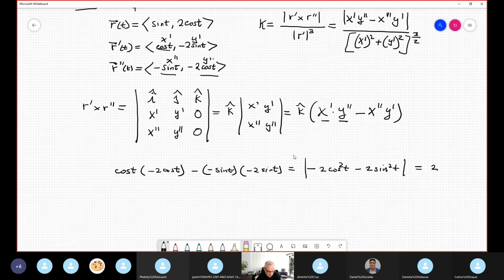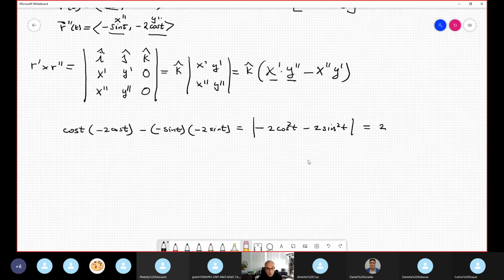Okay, something is weird. Wait. I make a mistake here, maybe, no? Derivative of sine is cosine. Derivative of cosine is minus sine. Okay, some sign I lost.